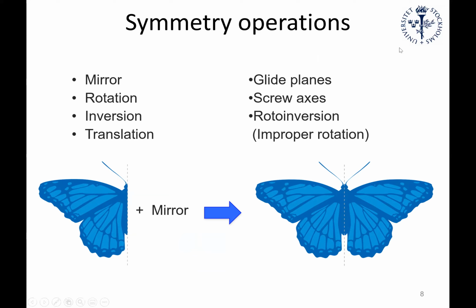There's also other examples: glide planes, screw axes, roto-inversions. Roto-inversion is also called improper rotation. So these on the right-hand side are combinations of symmetry operations that we see on the left-hand side. For example, a glide plane is a combination of a mirror plus translation. But we'll go through these one by one in a moment.